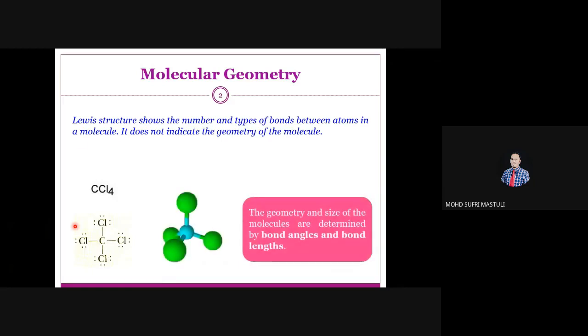Basically, for this particular compound, the molecular geometry is like this. We call it tetrahedral. The geometry and the size of the molecules are determined by the bond angles and also the bond length.